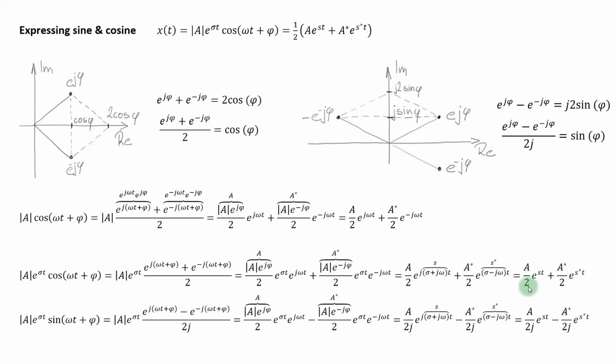And this is how you can combine 2 complex exponentials to create a general damped cosine. Now, if you wanted to express a general damped sine, this is the derivation which can show you that you need to use this formula. It is very similar to this one, except instead of this plus you will use minus, and instead of these 2 you will be dividing by 2j.